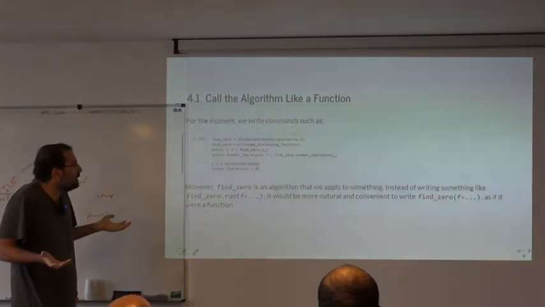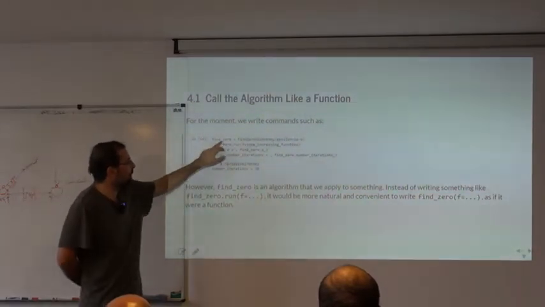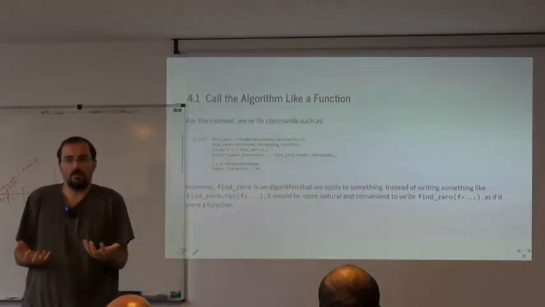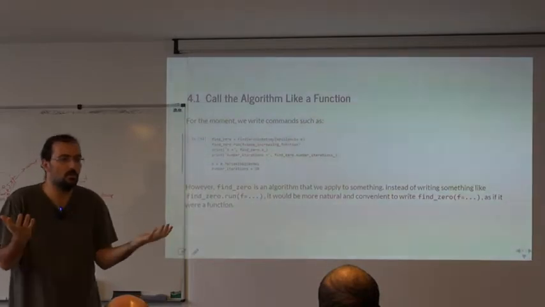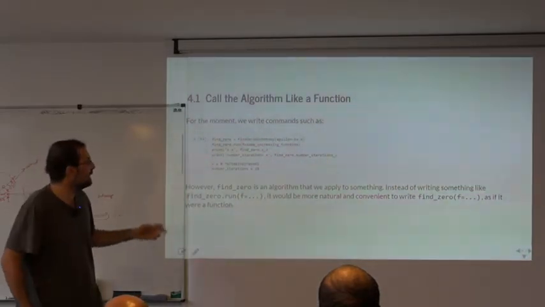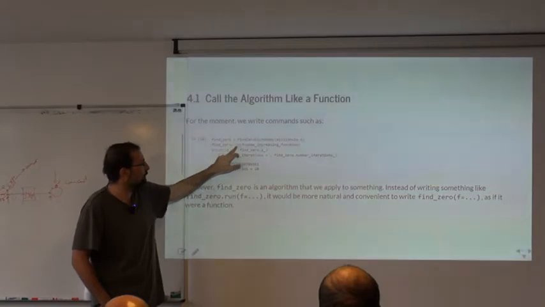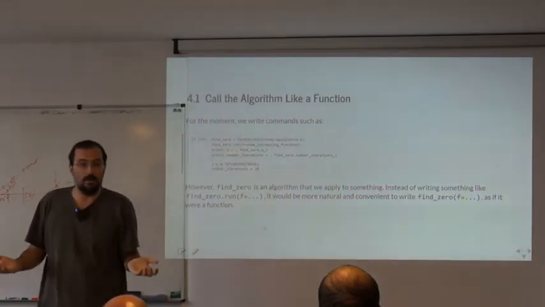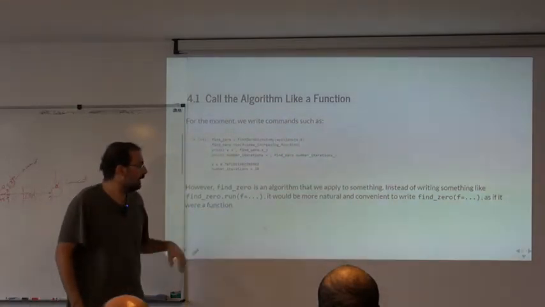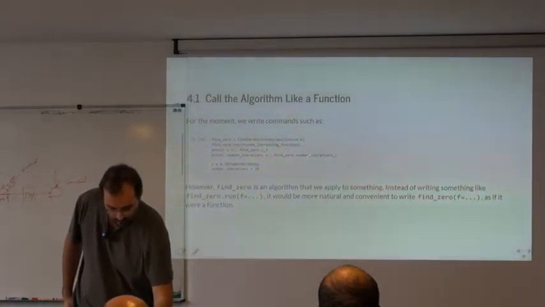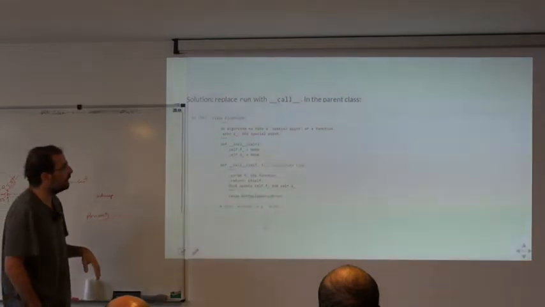But that's a bit awkward because find zero is an algorithm, so it's something like a function, something that takes an input and is able to compute something. So instead of doing find zero dot run, you would like to do simply find zero parenthesis something, like a function. That is very simple to achieve.